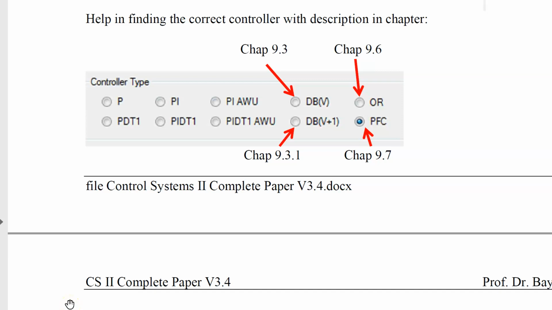Let me give you two hints to the paper. The paper on page 19 gives you the connection of the used controllers to my writing in this document. You see the deadbeat controller is described in chapter 9.3, the deadbeat nu+1 in 9.3.1, the orientation controller in chapter 9.6, the PFC completely starting with 9.7.